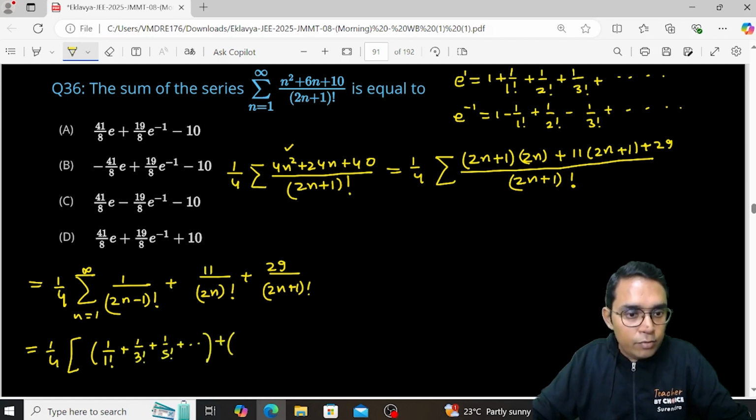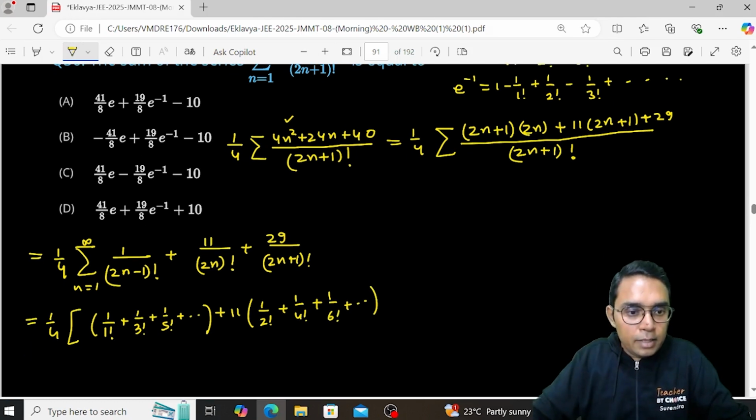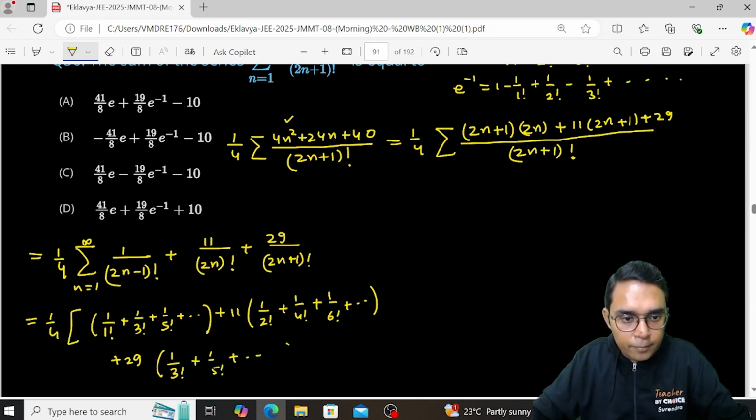The second term, if you put n is equal to 1, 11 I can keep outside. So 1 upon 2 factorial plus 1 upon 4 factorial, 1 upon 6 factorial, and so on. Okay, and similarly, my third term, I will take 29 common. So it will start with 1 upon 3 factorial plus 1 upon 5 factorial and so on till infinity.